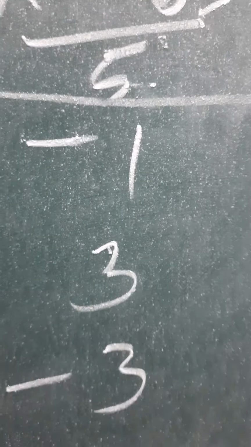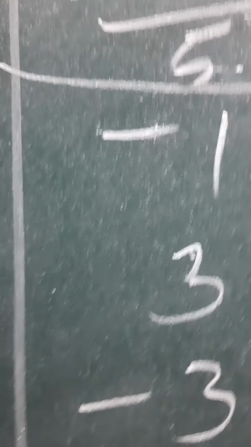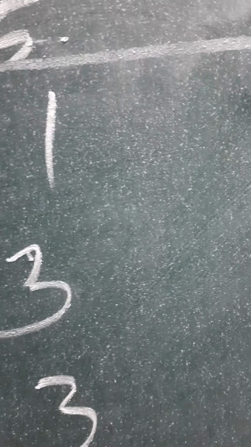To make the change of scale, 5 is taken. With the 5, we can divide all these values by 5. Then the sum can be done easily.